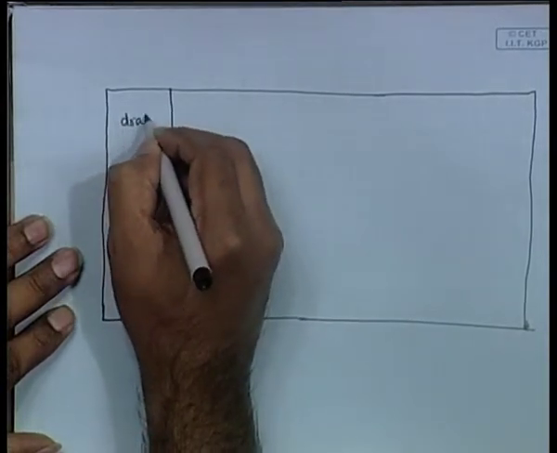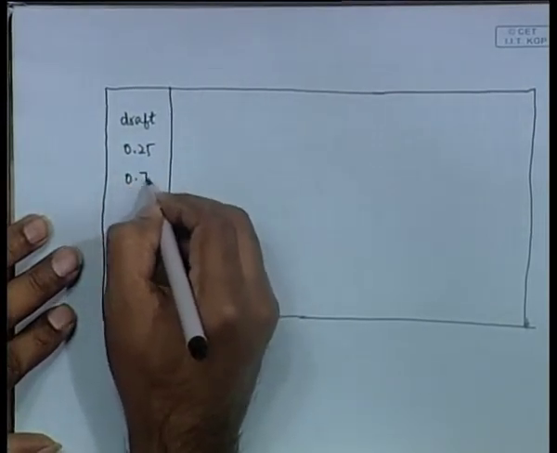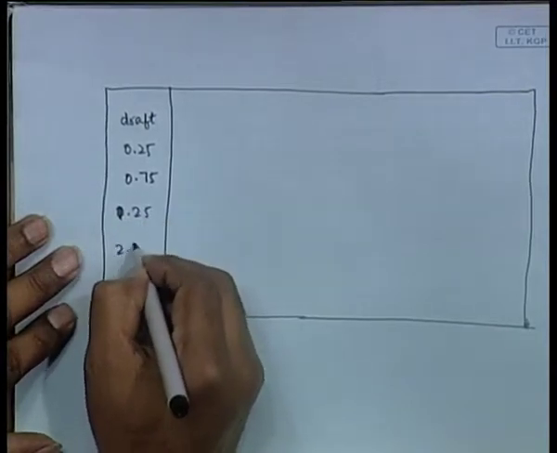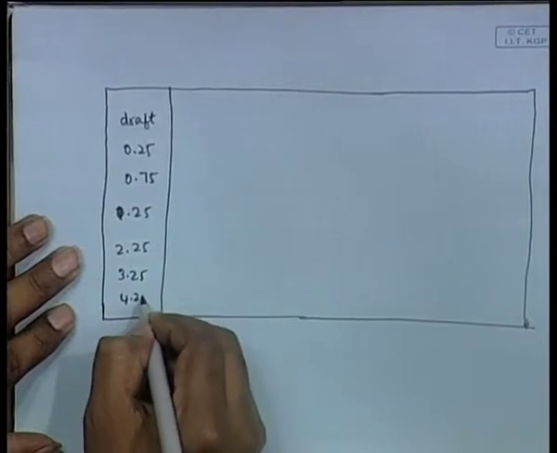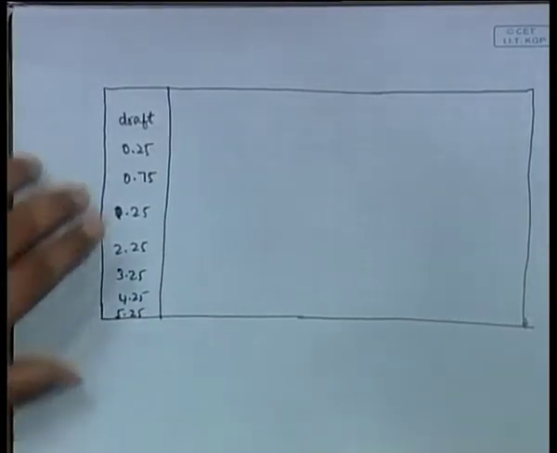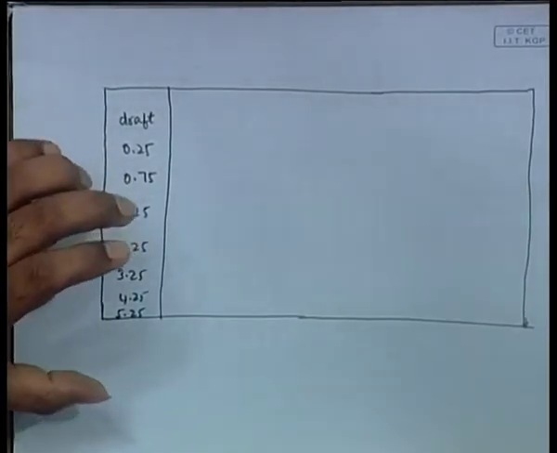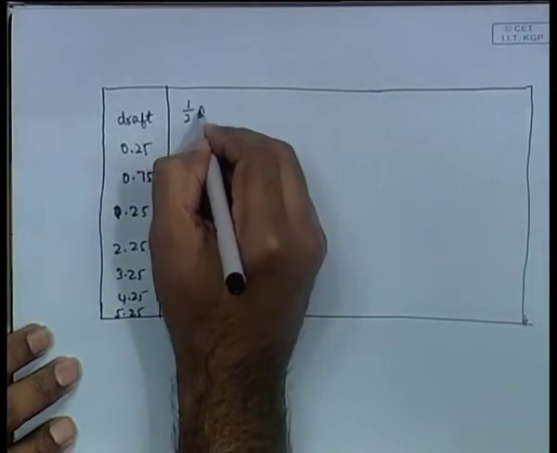You have the draft, so I'll write the values: 0.25, 0.75, 1.25, 4.25 and 5.25. So these are different drafts, and at each of these different drafts you are given the half area. So we'll write the half area. This is given data.